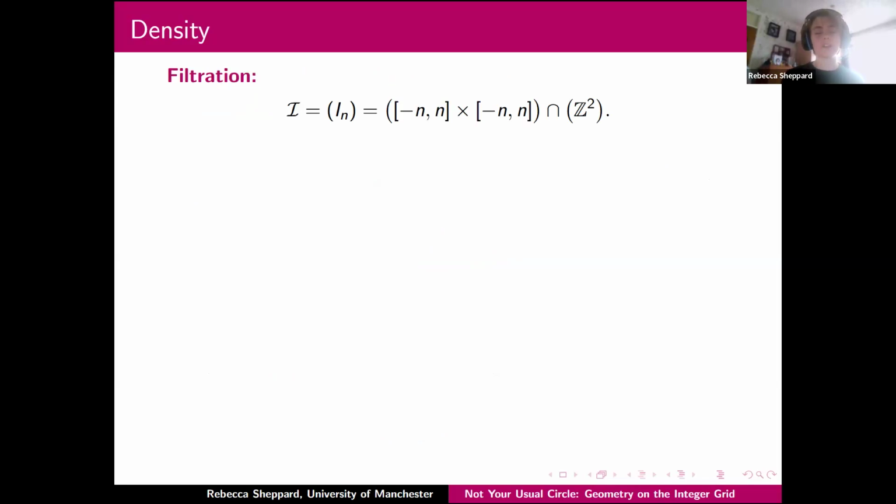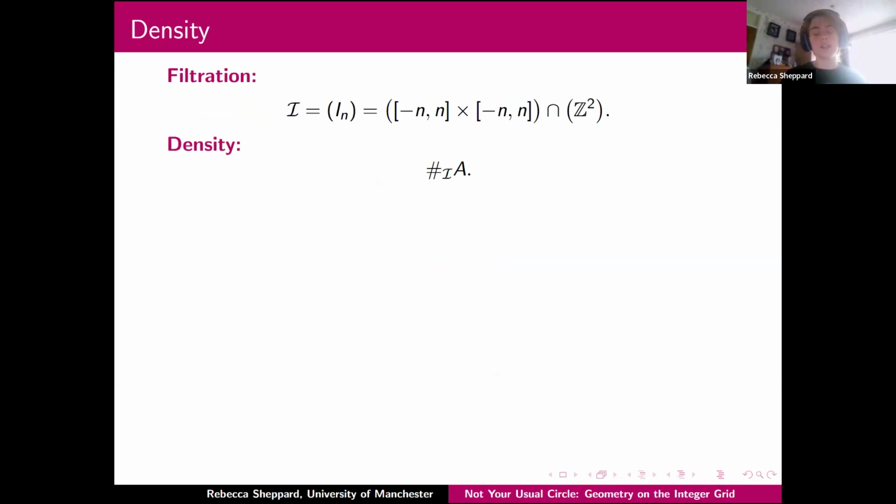In this presentation today, I'm going to be using this filtration, which is math cal I, which is made of terms I_n, and these are just squares from -n to n around the origin intersected with Z squared. We've got closed intervals here, so it's including the boundary points.